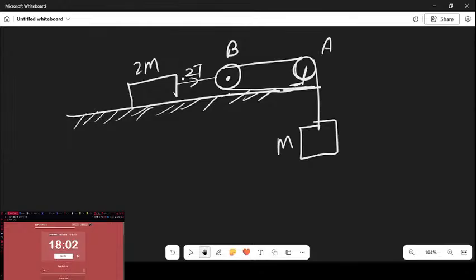G by 2 is equal to acceleration. You'll get acceleration as G by 2.